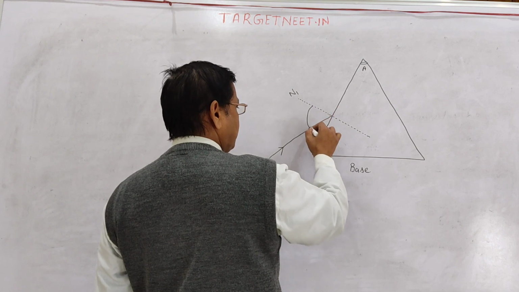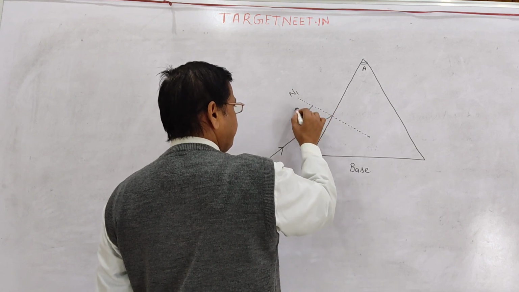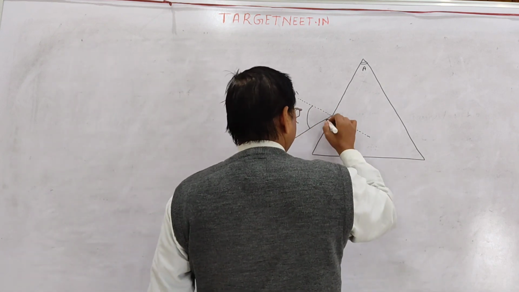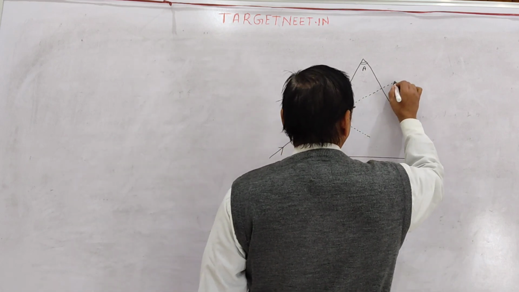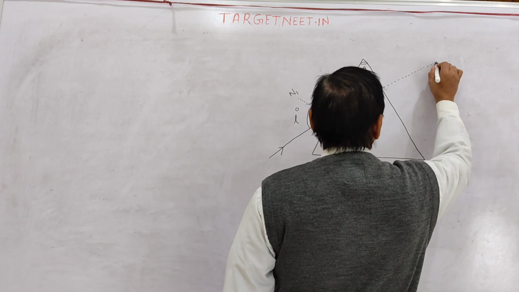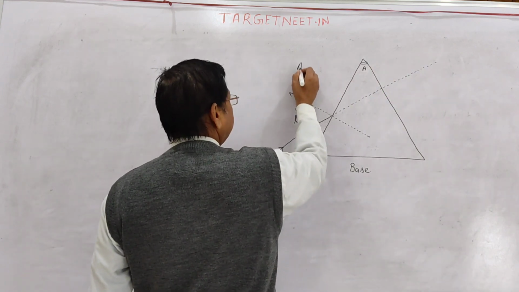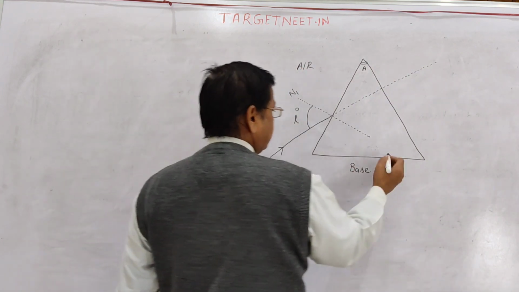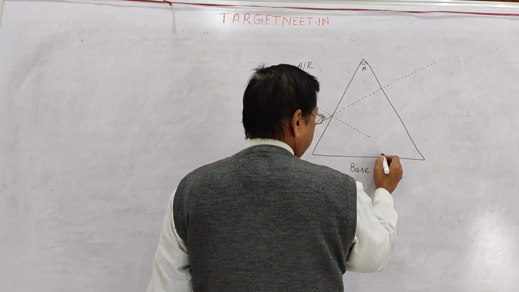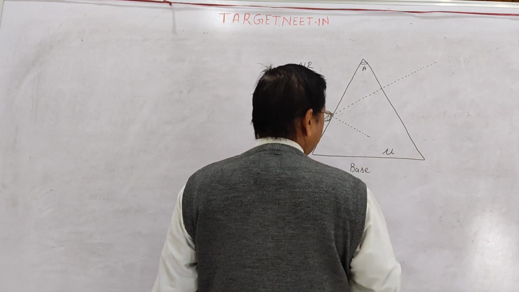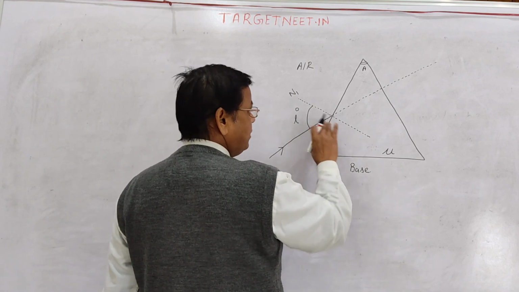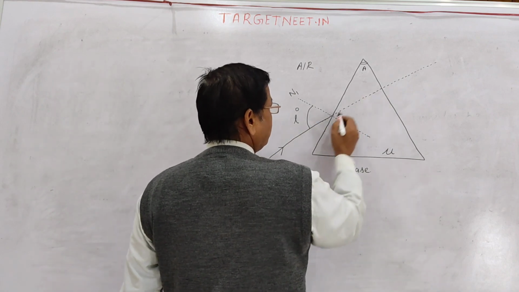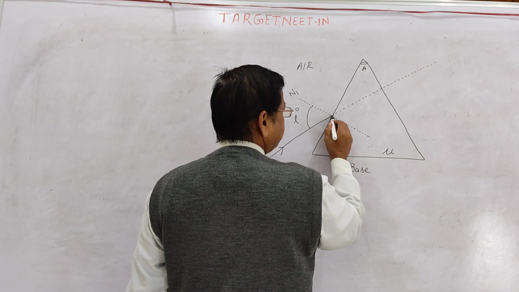This angle is called the angle of incidence. This is the original path of light. If I take air, and this is the material of prism whose refractive index is mu, light is going from rarer to denser medium, so it will bend towards the normal. So it will not follow this path, it will go like this.